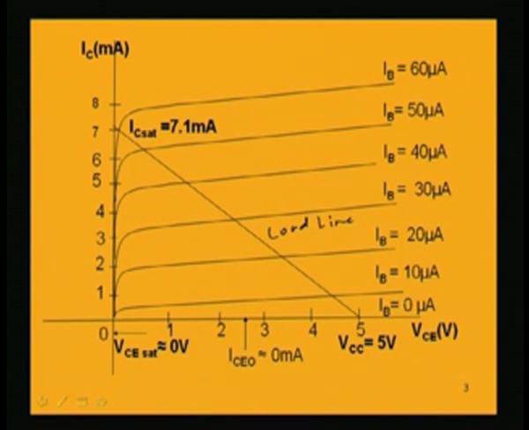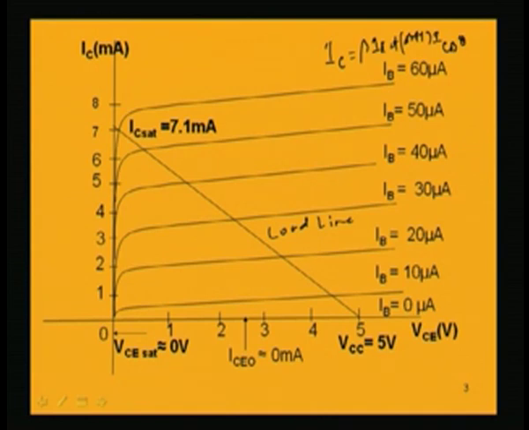So, we know that the value of IC is actually beta times IB plus beta plus 1 into ICBO.